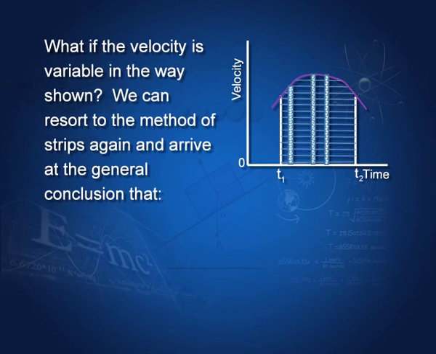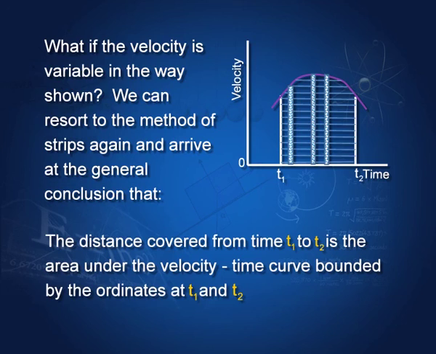If the velocity is changing like this, then we again take the same route. We draw strips, cover the whole area, and then we find that the distance covered is equal to the area under this curve from time t1 to time t2. That is, velocity has this shape, we draw strips, cover the whole area, and we know the area of each strip is given by v into t.